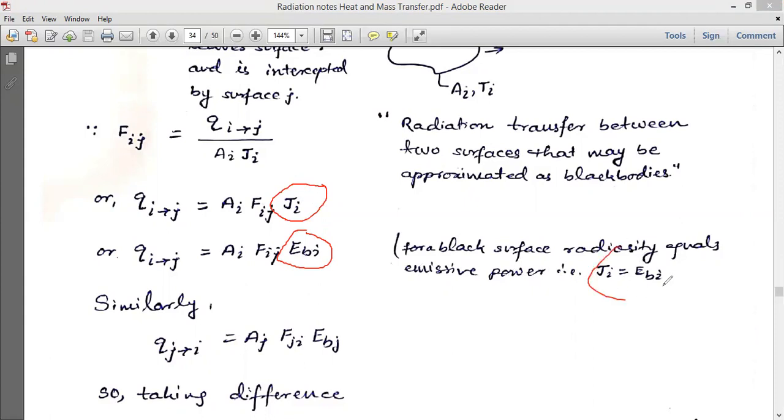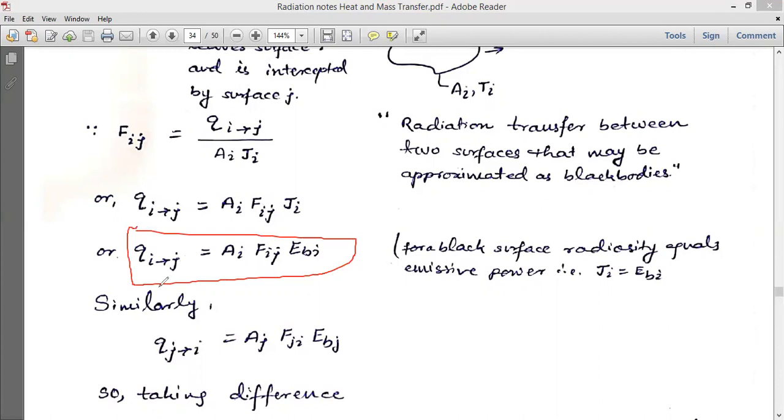So in place of Ji, we can replace it by Ebi. So Qij will become Ai Fij Ebi. In a similar fashion, we can define Qji as Aj Fji Ebj.